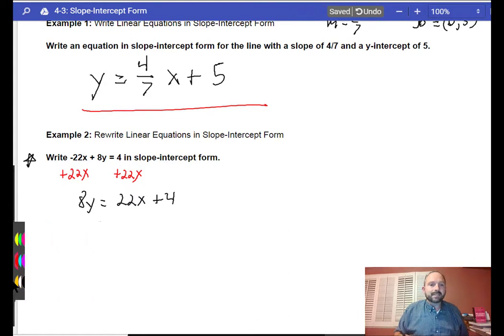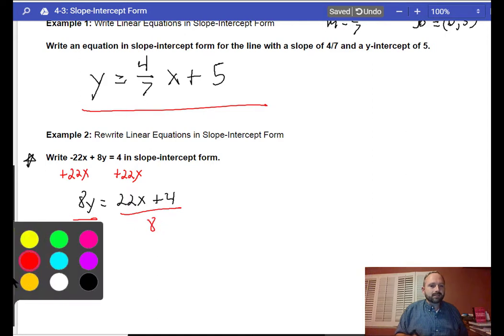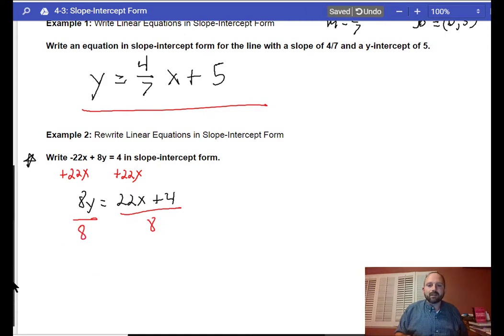Well, now I have to get y by itself. I only want 1. So if there's 8 of them, it's 8 times y. I'm going to divide by 8 on both sides. Now at this point we get to the idea of, all right, do we need to simplify or not? So 22 divided by 8 is 22/8.